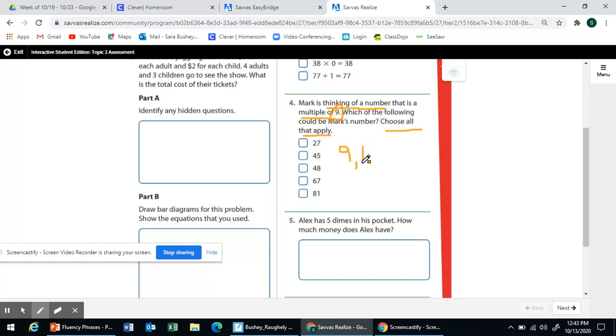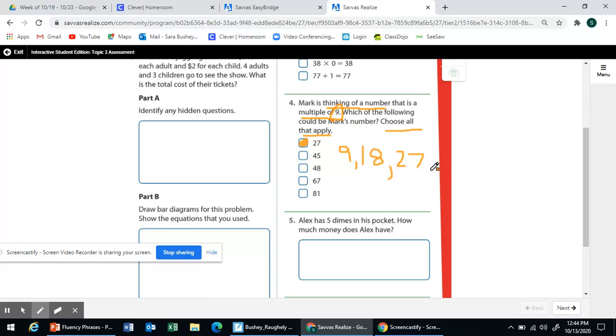So the next number I land on is 18. I'm going to do that again. I'm at 18, I'm going to add on 9. 19, 20, 21, 22, 23, 24, 25, 26, 27. Very good. And look, I see a 27 over here. So 27 is a multiple of 9.